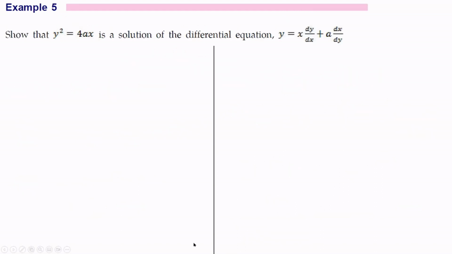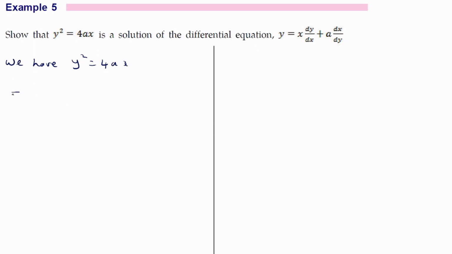Next we have the next question. Show that y square equal to 4ax is a solution of the differential equation y equal to x dy by dx plus a dx by dy. So here first let us write the given function. We have y square equal to 4ax.